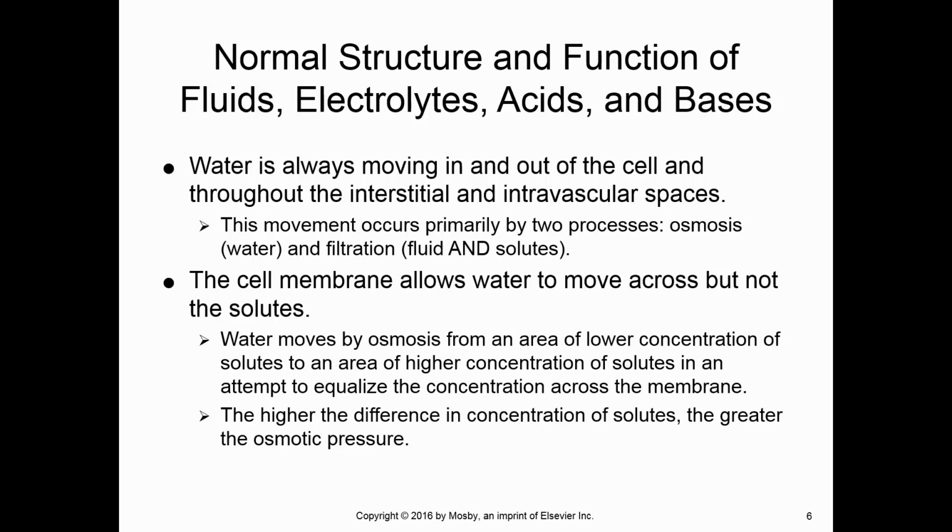And then the side that has the higher concentration of solutes is the side that has the greater osmotic pressure to pull that water across. Okay, so then there are equal solutes dispersed in that water on each side.